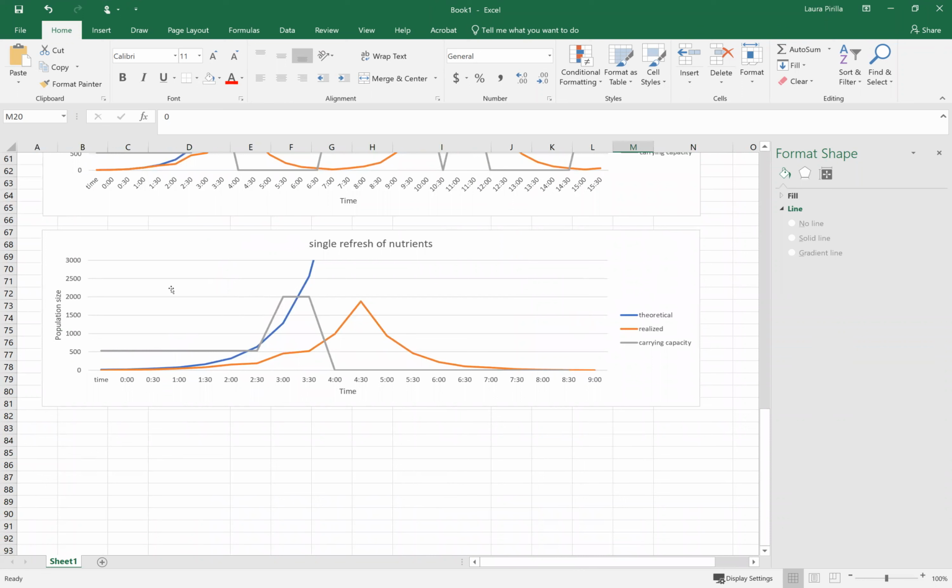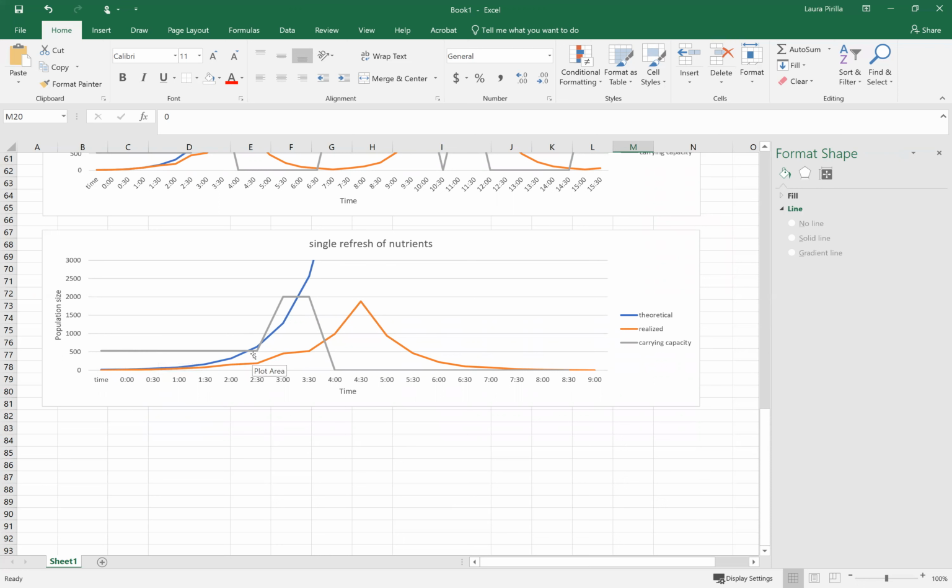And here's a graph. I've changed the scale a little bit just so that it all fits on here nicely. And I only went out to 9 hours because at that point, the population in the realized growth hits zero. So here's our exponential growth, the theoretical, the blue line. Here we have the gray line for carrying capacity. It started out, the original was approximately 500, 525, something like that.